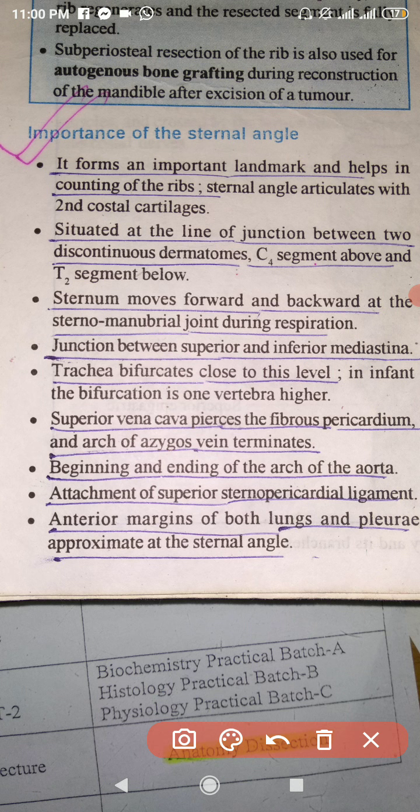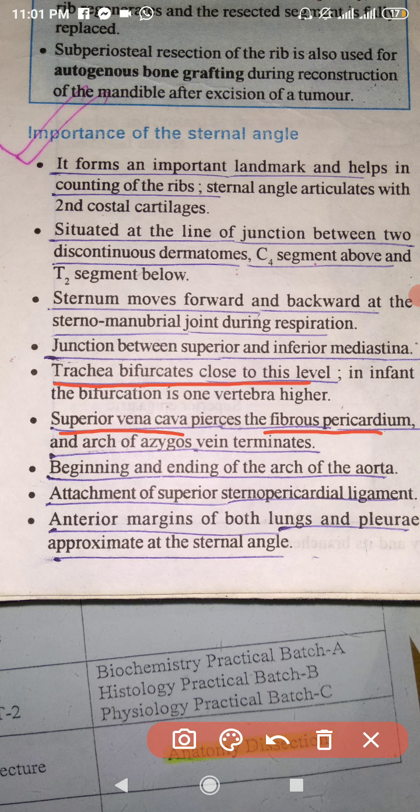Number five, the trachea bifurcates close to this level. The trachea, which is a part of the respiratory passage, will bifurcate into right and left branches at this level. Number six, the superior vena cava, one of the greatest veins, which carries venous blood from the upper limb, pierces the fibrous pericardium.